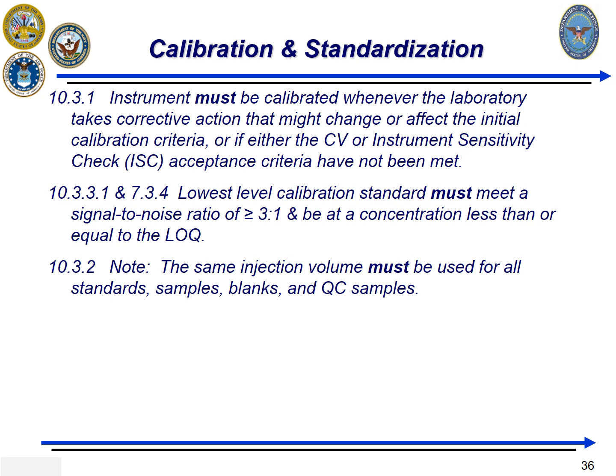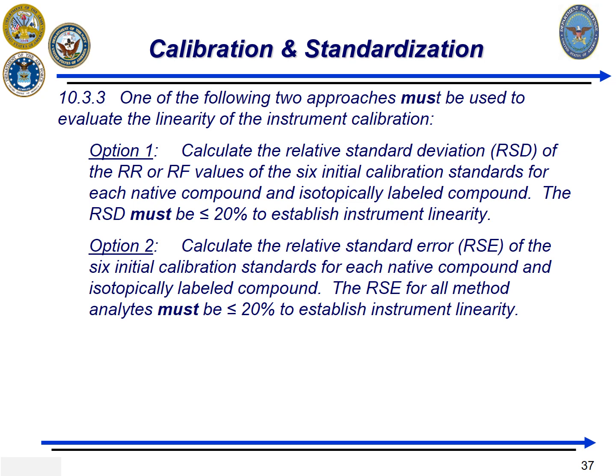So that means that all calibration standards that are used, actually used in the calibration curve, not just analyzed, but utilized in the calibration curve, they all must meet the 3:1 signal-to-noise ratio, not just the calibration levels that are within the quantification range. Also noted in the method is that the same sample injection volume must be used for all standards, samples, blanks, and QC samples.